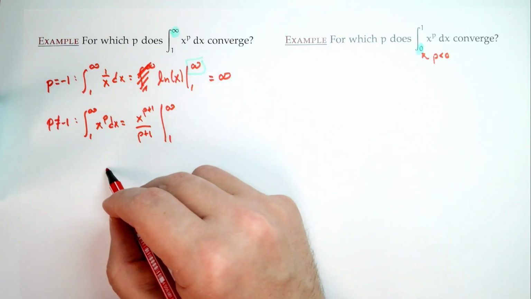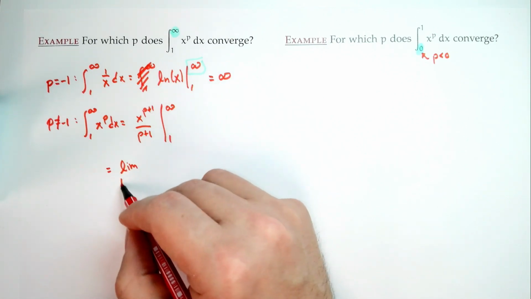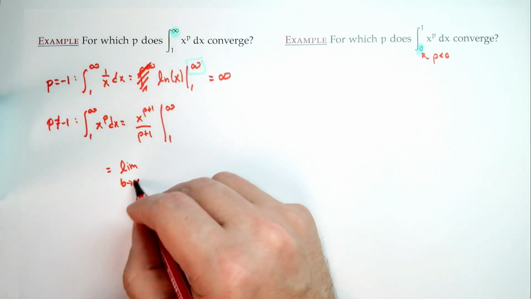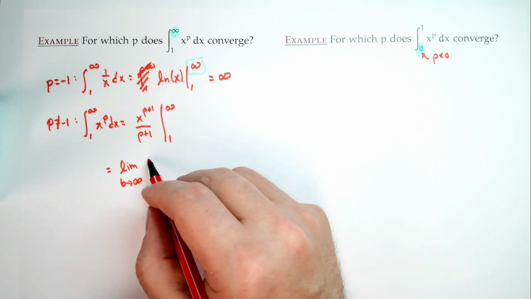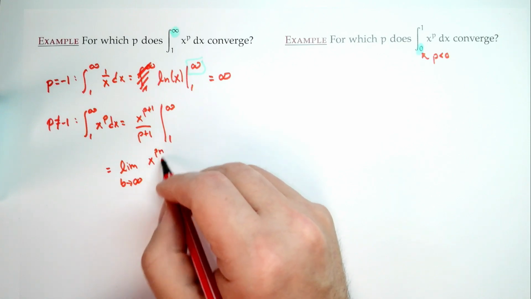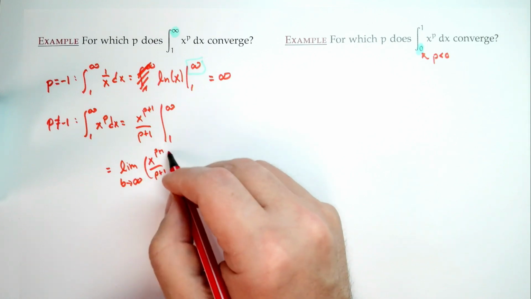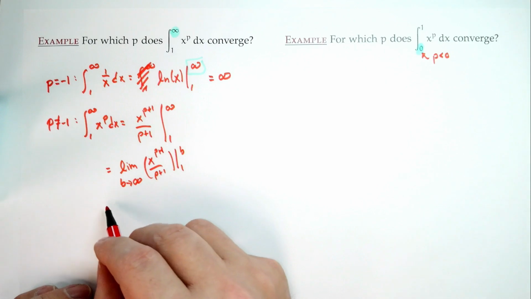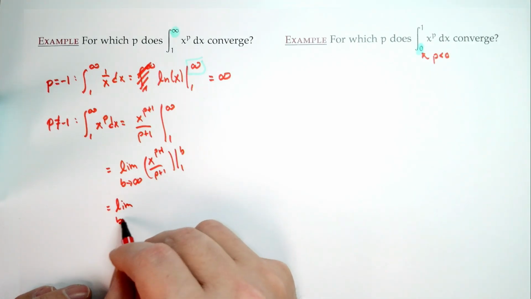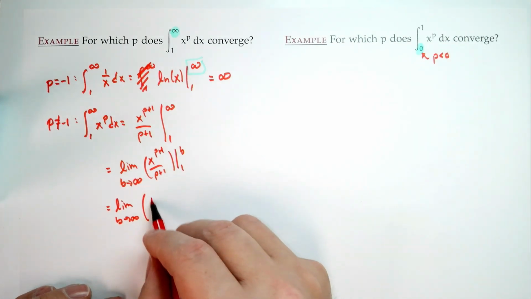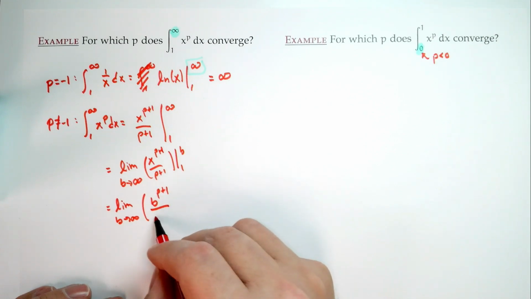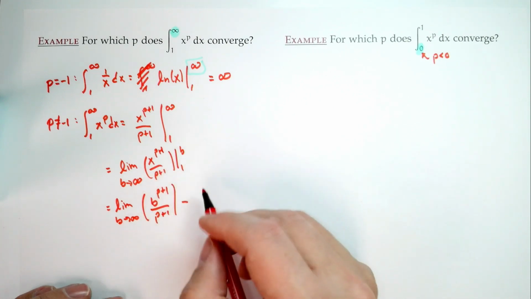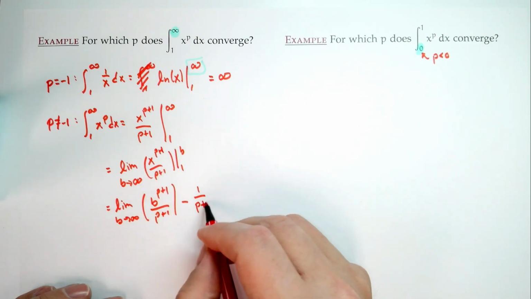I'll actually employ the limit just to be extra careful: the limit as b goes to infinity of x to the p plus 1 over p plus 1, evaluated from 1 to b. So this is the limit as b goes to infinity of b to the power p plus 1 over p plus 1, and then subtract, when you plug in 1, it's finite, so I can put it outside of the limit, 1 over p plus 1.